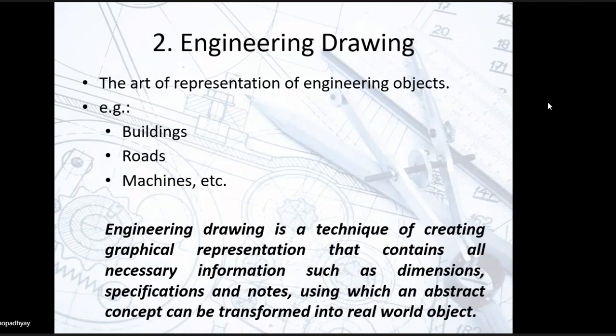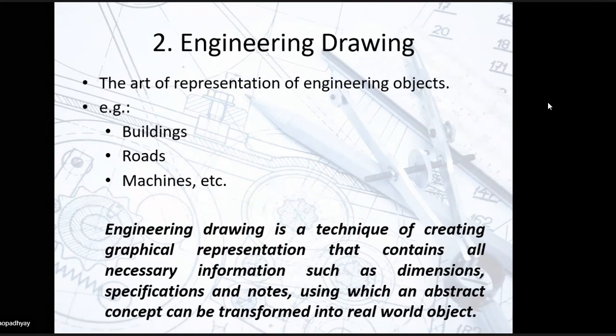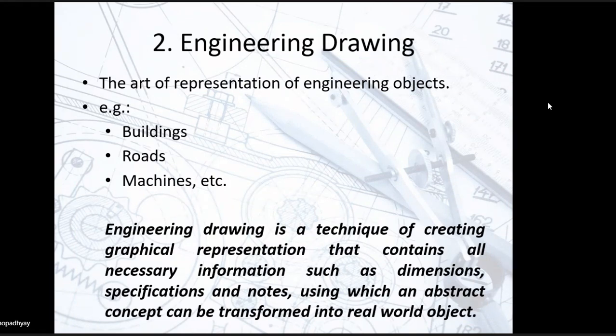Coming to engineering drawing. Now, engineering drawing, it is the art of representation of engineering object, right? So since you have entered into a degree course, for each and every say machine or object, you have methods of showing that in terms of engineering language. So the language of engineers is engineering drawing.